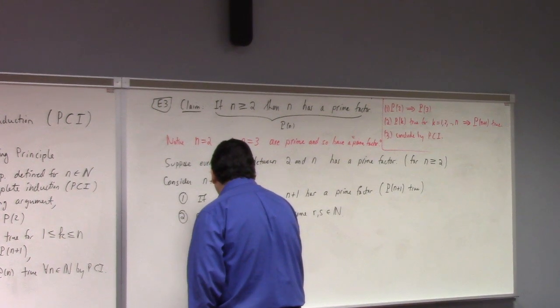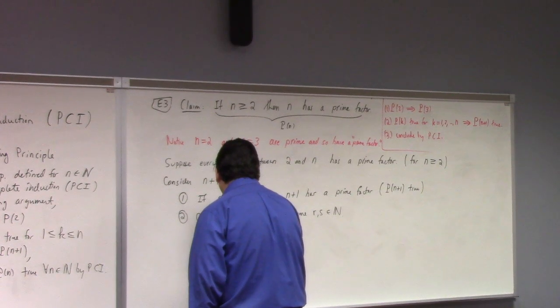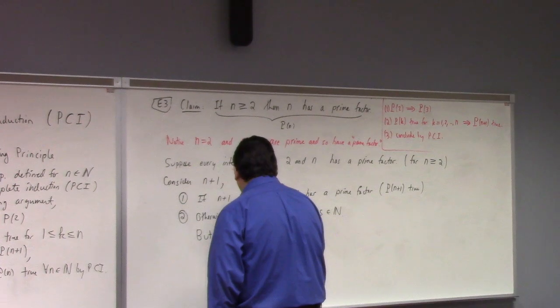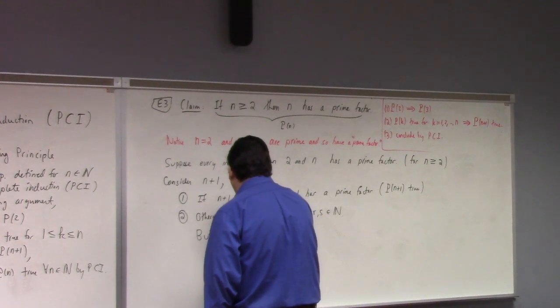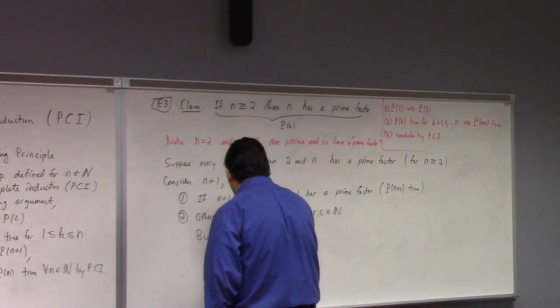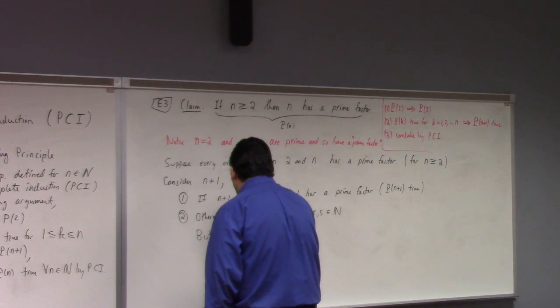You know, how about this? I'm trying to think of how to argue this. I mean, it's kind of obvious, but I'm going to write it down. You guys give me an argument. How about that? But r and s are less than n.